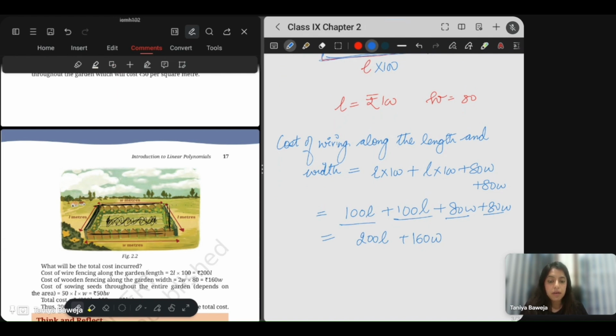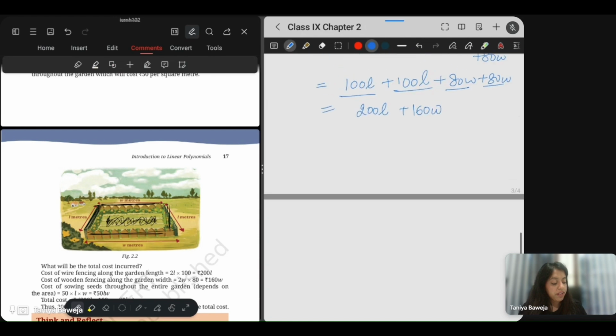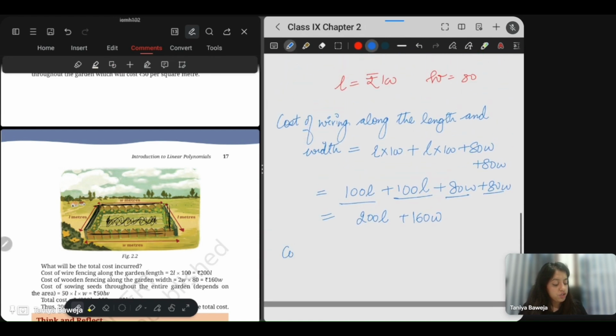Now when we're talking about sowing the seeds, the cost of sowing will be found by finding the area. So the cost of sowing is length multiplied by the width, right? And L multiplied by W will be LW.